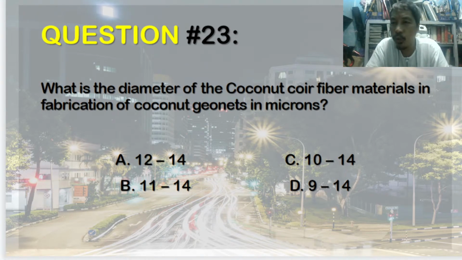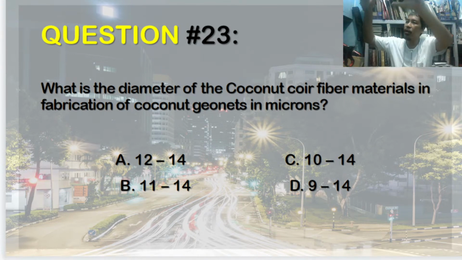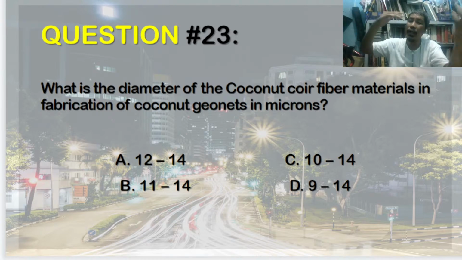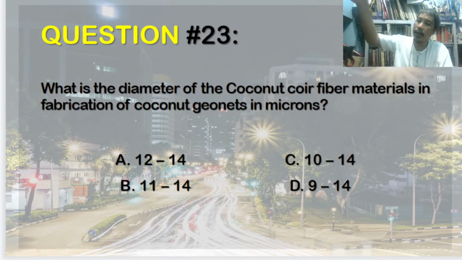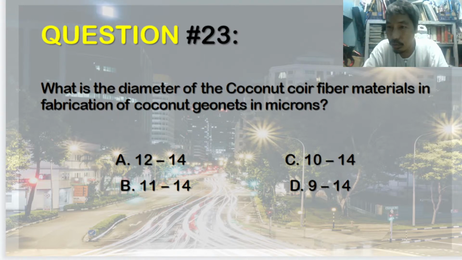By the way, what do we mean by coconut geonets? Coconut nets are used in order for the land not to erode, to prevent erosion. We can see sometimes that there are roads, bridges, or sides of the roads that erode.